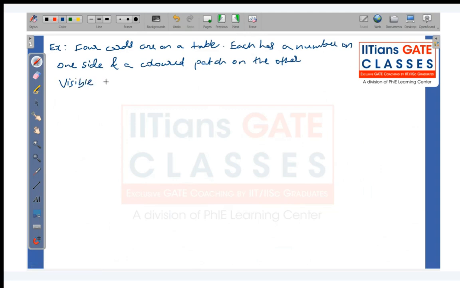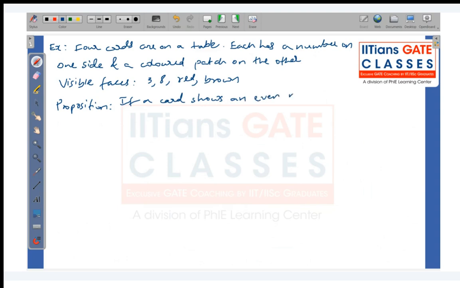Let me say that the visible faces are 3, 8, the color red and the color brown. And I have the proposition: if a card shows an even number on one face, then its opposite face is red.